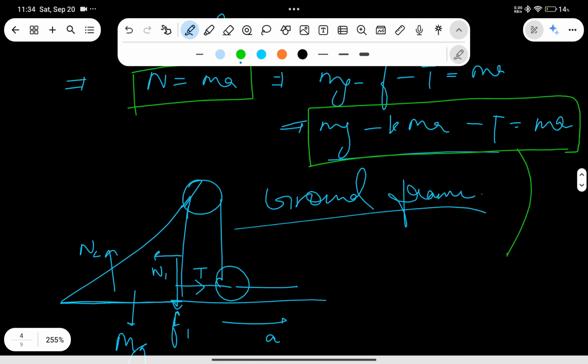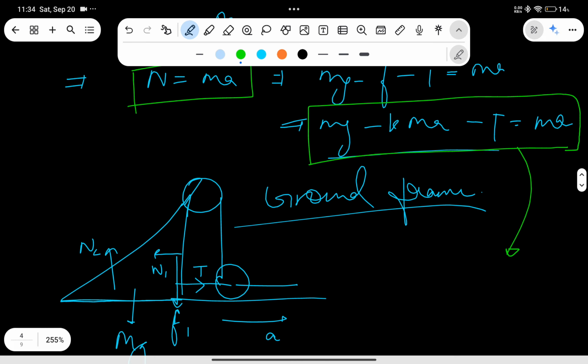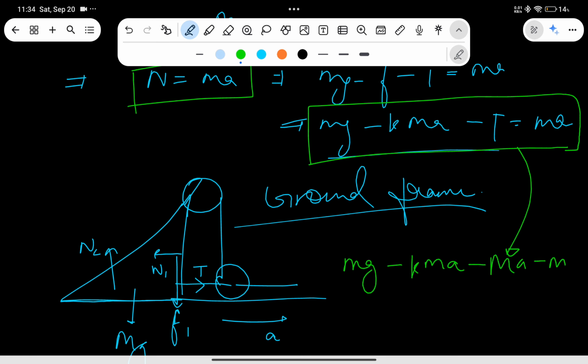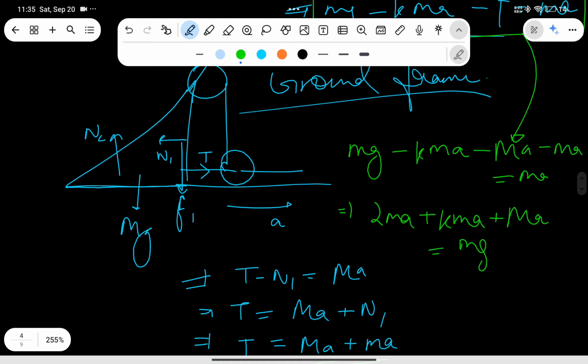So basically, if we replace the tension here by capital Ma plus small ma, then we can write that small mg minus k small ma minus capital Ma minus small ma is equal to small ma. This comes out that A is equal to, or I can first of all take all the terms relating to A on one side, then it will become 2 small ma plus k small ma plus capital Ma is equal to mg.